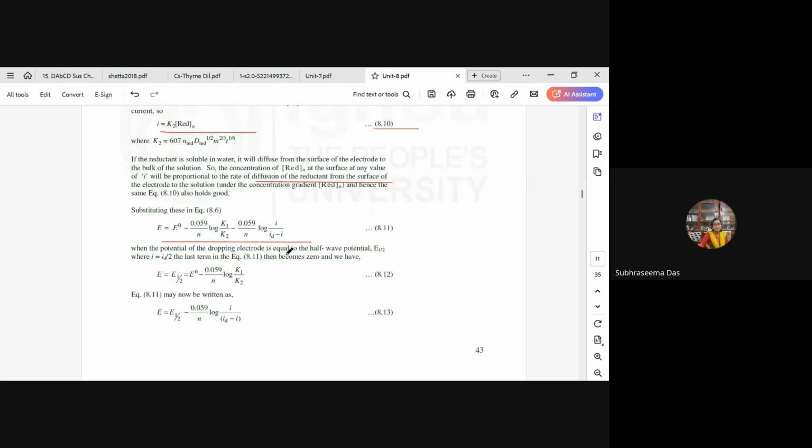Then we have the half-wave potential. We know E half, that is the half-wave potential, is given as I equal to ID by 2.